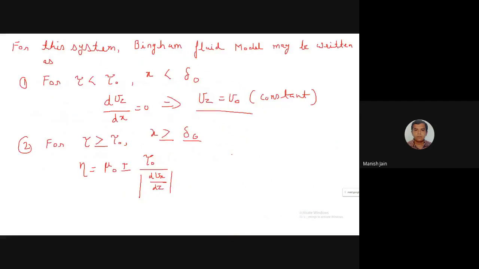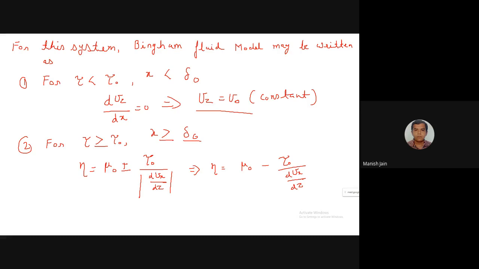So you have to take the negative sign after removal of the mod. So you will get eta equal to mu naught minus tau naught divided by dvx by dz.